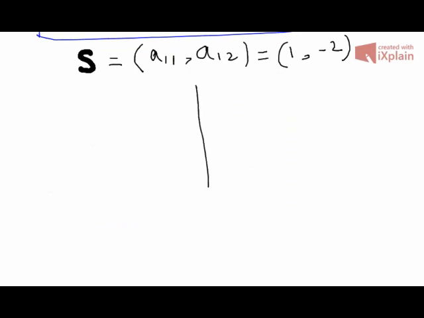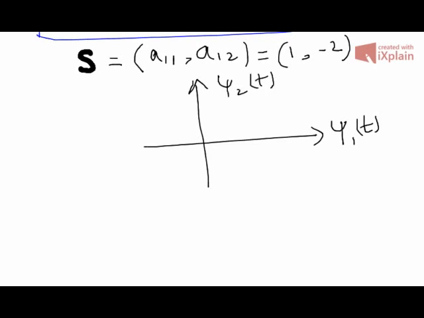So we have psi1 of t and psi2 of t, and now your a11 is positive 1, right? This one is positive 1, and a12 is -2, so it's -2 somewhere here.